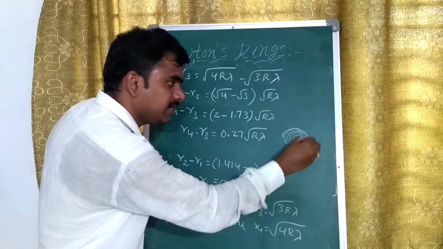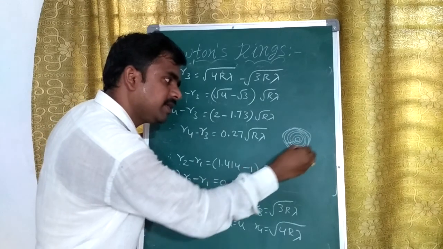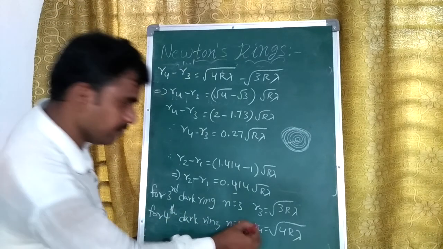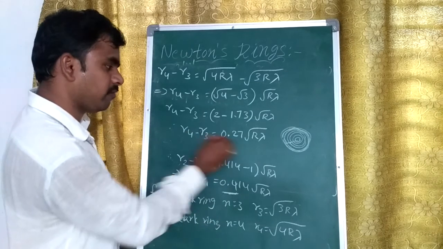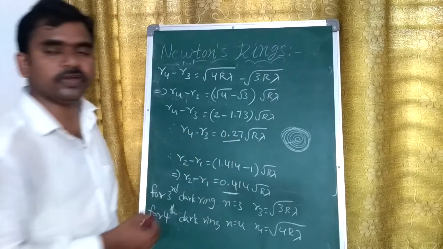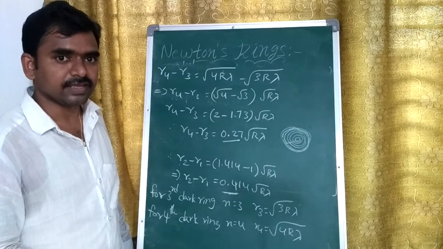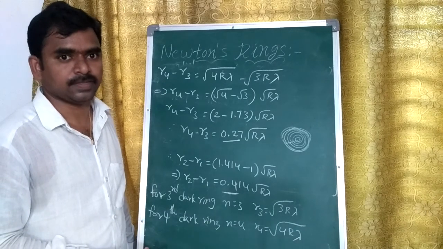If the number of the ring increases, the radius also increases, so the rings come into very close proximity. Why? Because r2 minus r1 is 0.4, but r4 minus r3 is 0.27. So as we go outward, the intensity also decreases. This is the Newton's rings concept. Thank you.